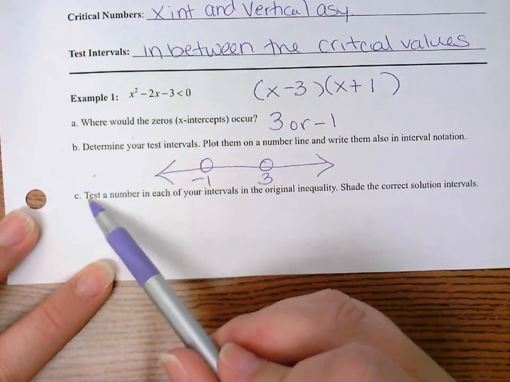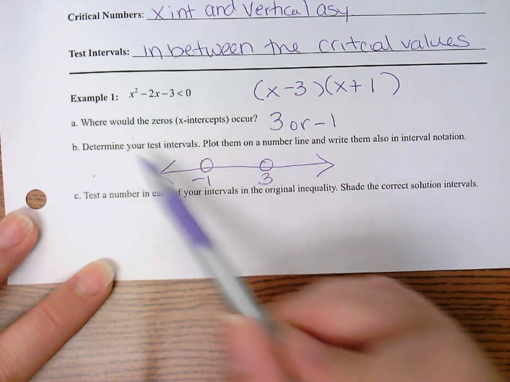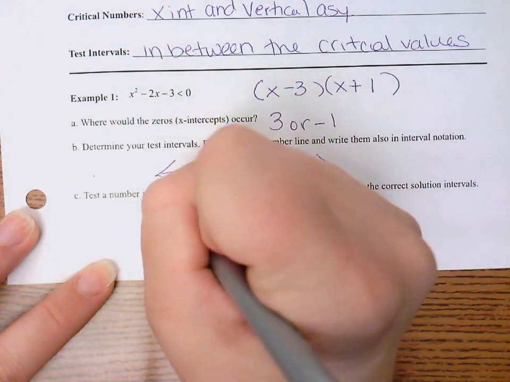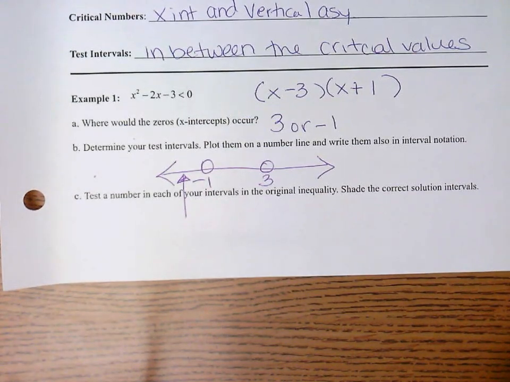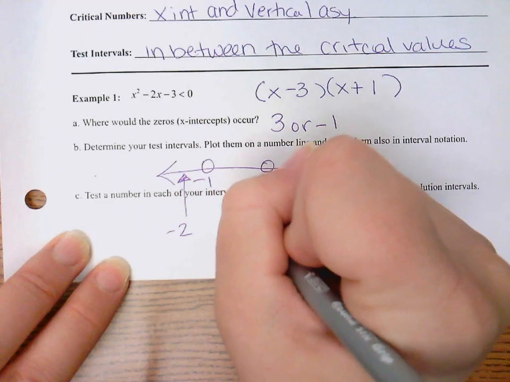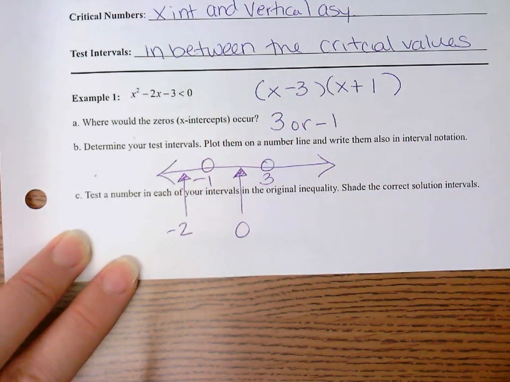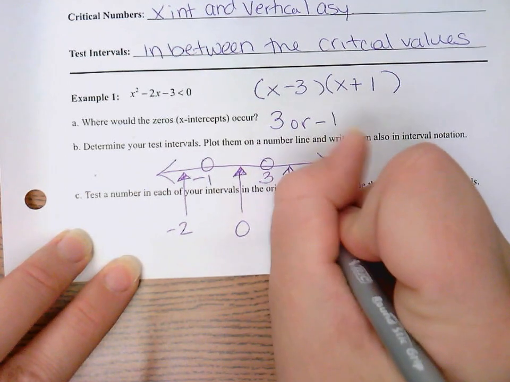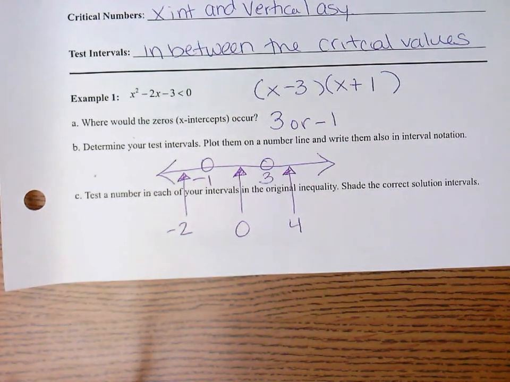So now it says test a number in each of your intervals and shade where the correct solution region is. So a number that would fall to the left of -1 would be like -2. A number that would fall in between these x values, I just usually pick 0. And a number that would fall to the right of +3 would be like +4.